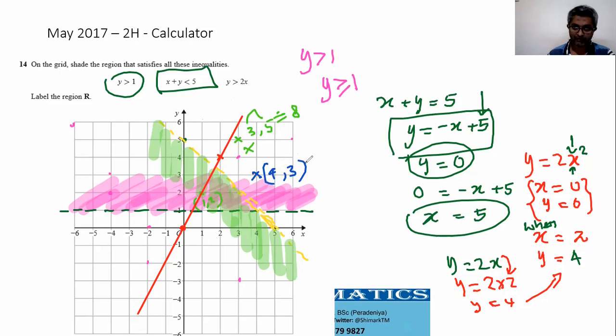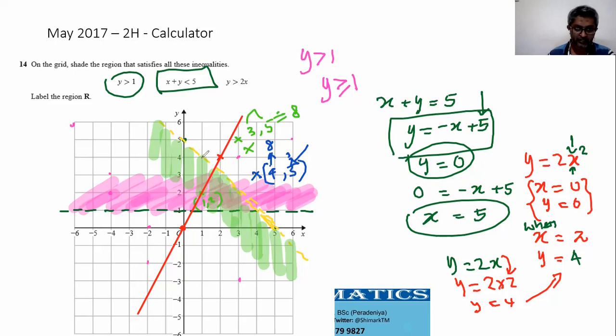So they are saying y should be greater than 2x. X is 4, so 2x is going to be 8. Is it correct? This side? No, y is 3 and 2x is going to be 8. Is it correct?